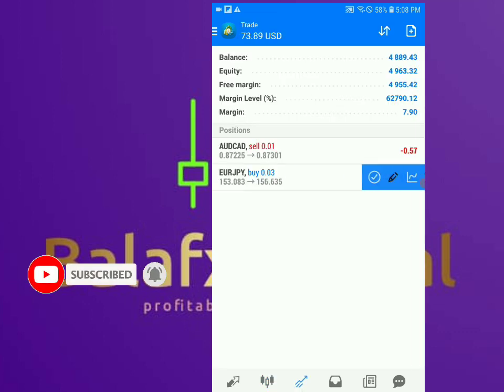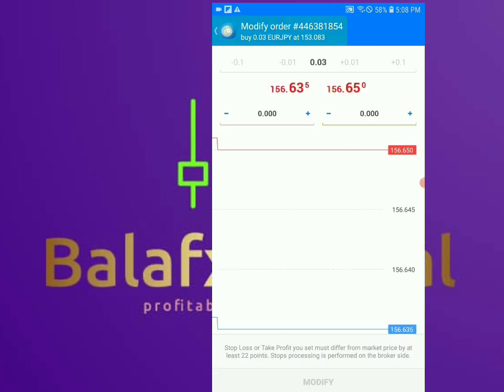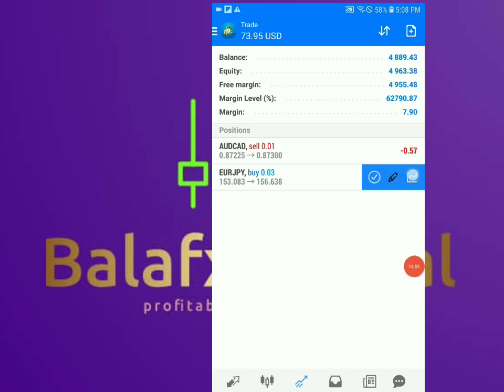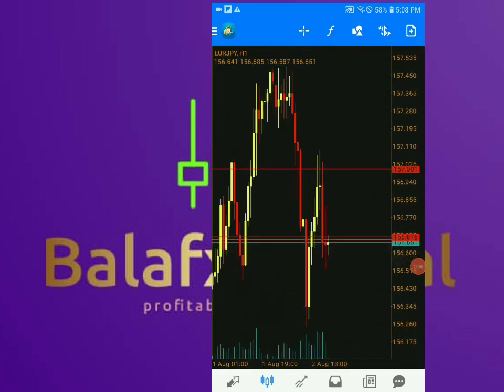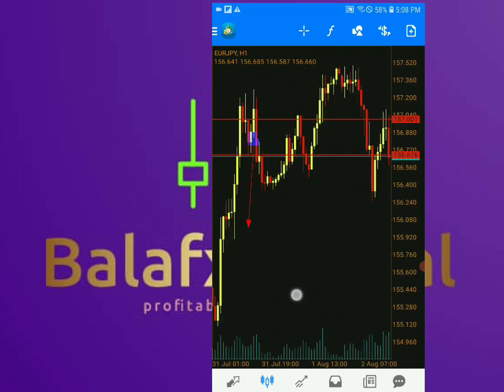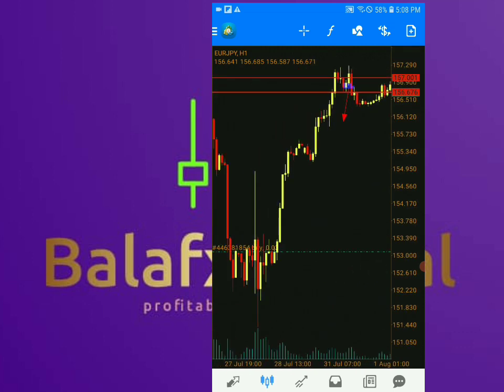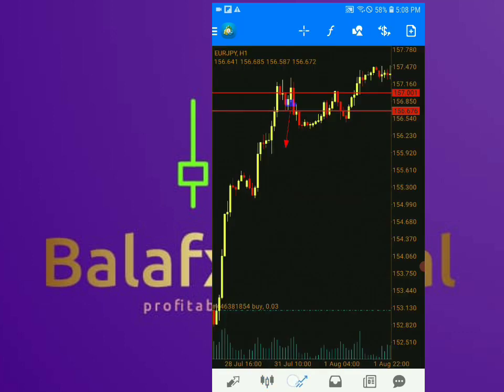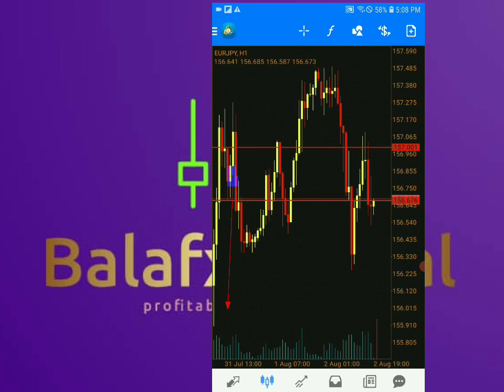Let me use this current position. Like this, I'm already in profit on my Euro JPY that is on buy.